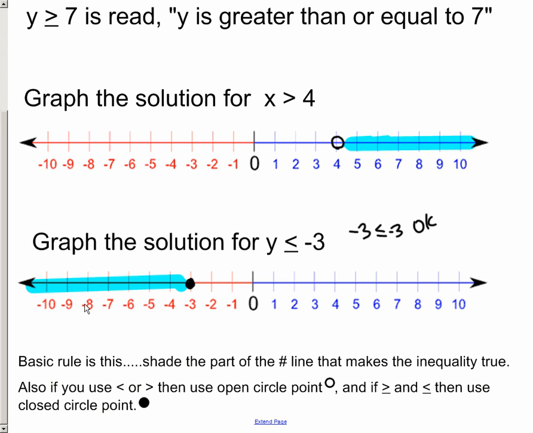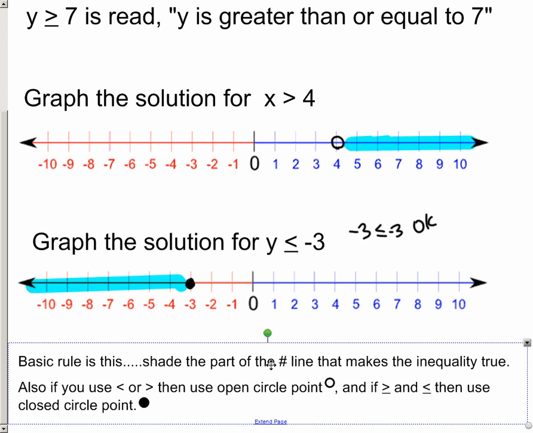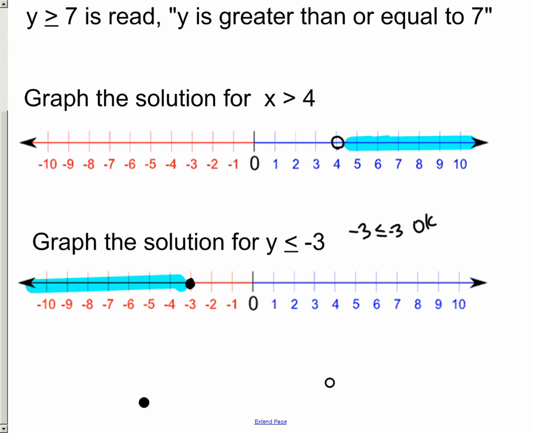So the basic rule is this. In fact, let me get rid of this to make it a little easier to see. When you're looking at inequality signs that are greater than or less than, you draw the dot and just circle that in, an open dot.